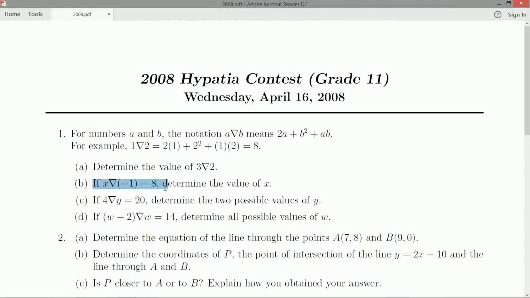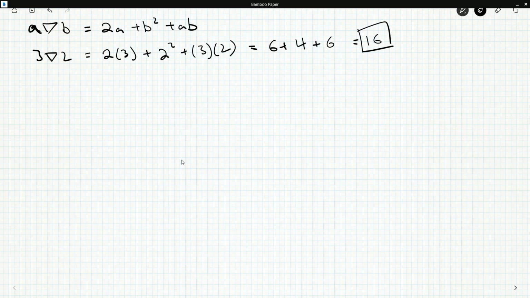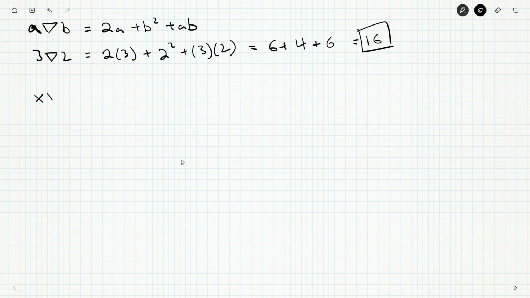B part, if x triangle negative 1 equals 8, determine the value of x. Okay, so now they're introducing some algebra with our new operation. So we know x triangle negative 1 is equal to 8.